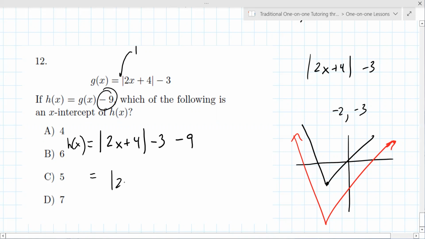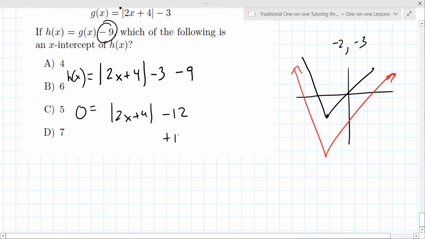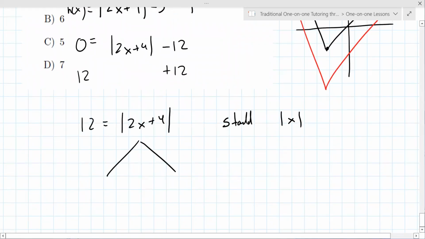So absolute value of 2x plus 4 minus 12 equals 0. And then you're going to add 12 to both sides. This is just your standard absolute value function thing. So you write the two equations: 2x plus 4 equals 12, and 2x plus 4 equals -12.